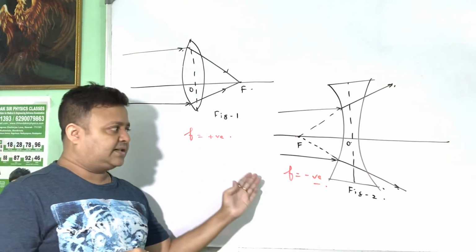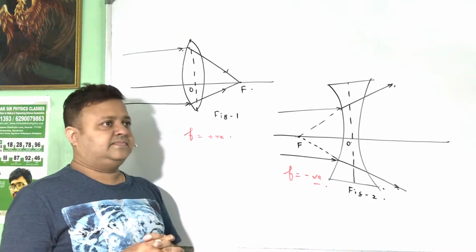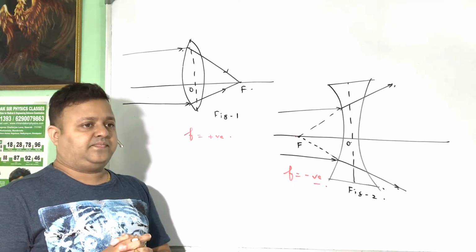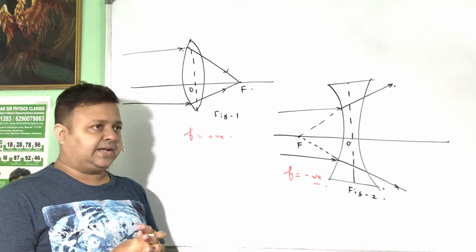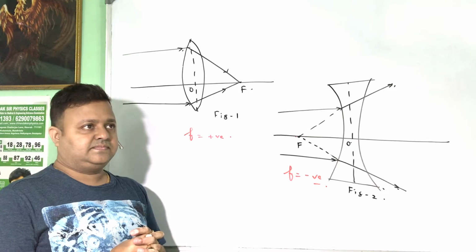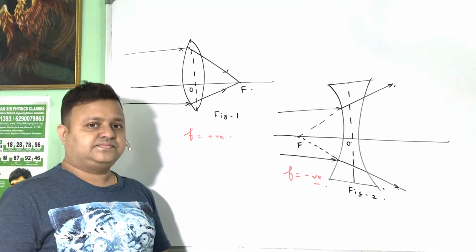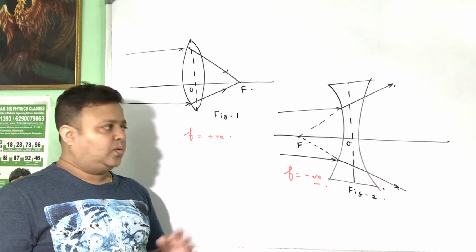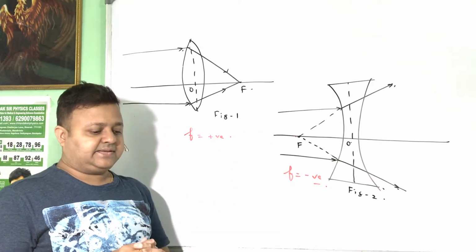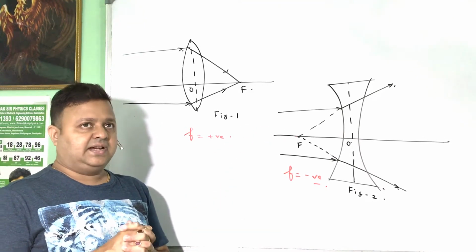And after refraction through the concave lens within bracket figure number 2 will appear to meet at principal axis.